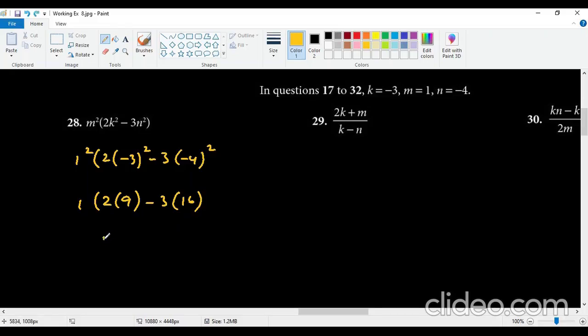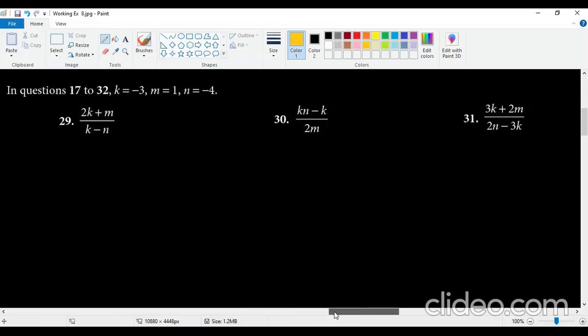So 2 times 9 is 18, and minus 3 times 16 is going to give you a 48, and 48 minus 18 is going to give you a 30 as an answer for question number 28. It should be a negative 30 instead.